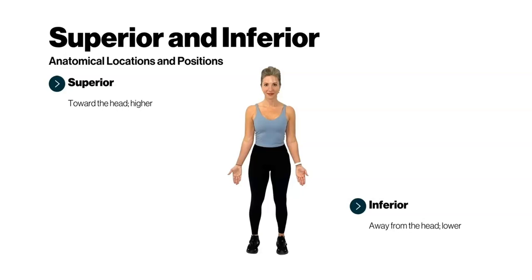Superior is a directional term used to describe what is above, while inferior is used to describe what is below. For example, we could say that the head is superior to the hips, or that the knees are inferior to the hips, in anatomical position.